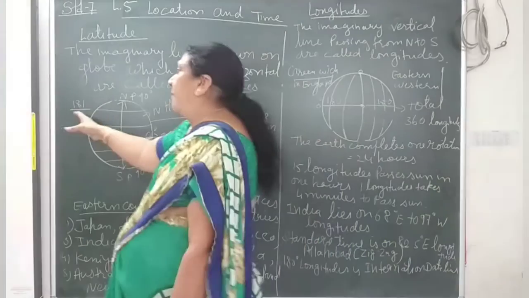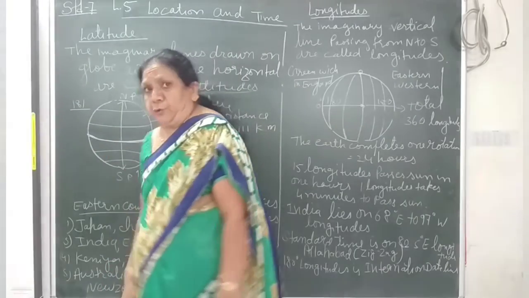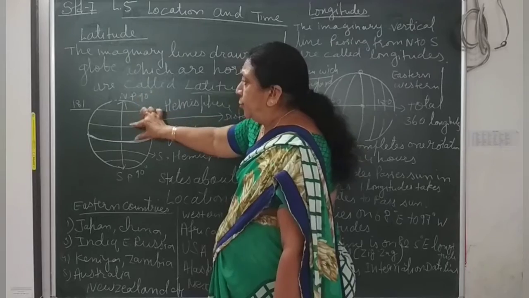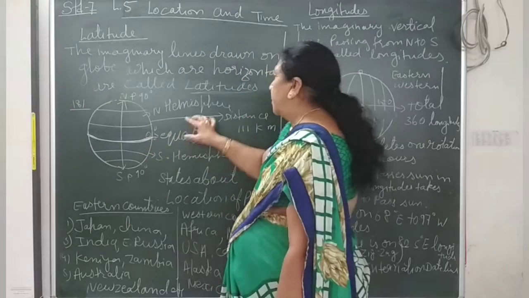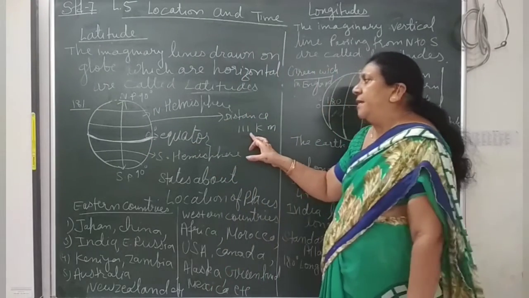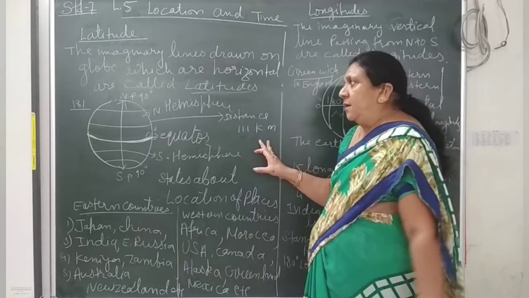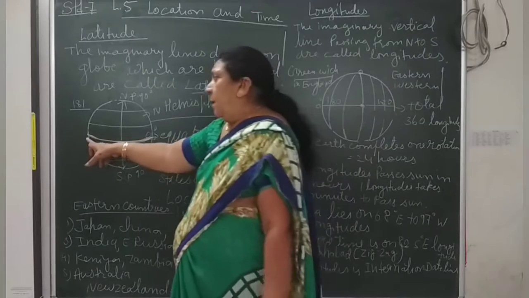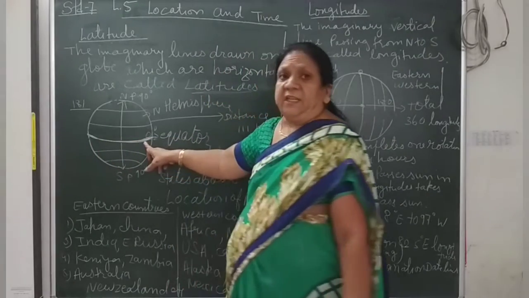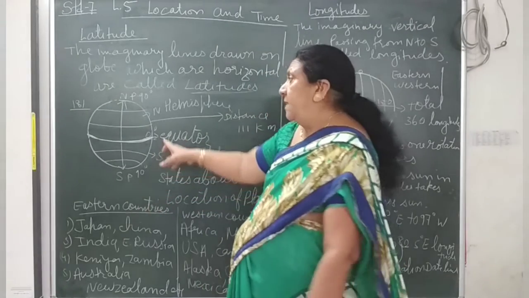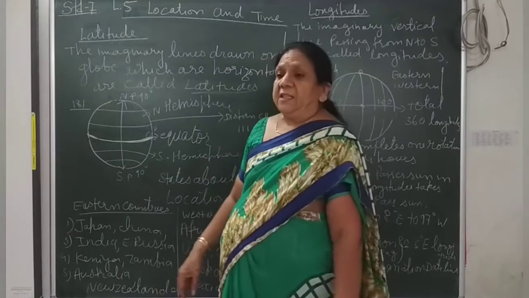See, in total there are 181 latitudes, and the distance from one latitude to the next is 111 kilometers. This dark line you can see now on this board is called the equator. It is at 0 degrees.